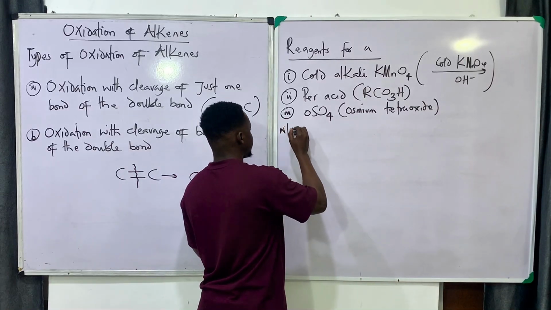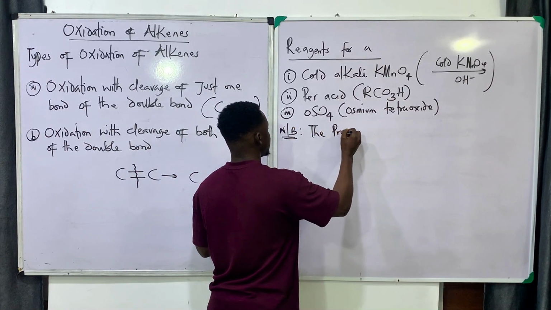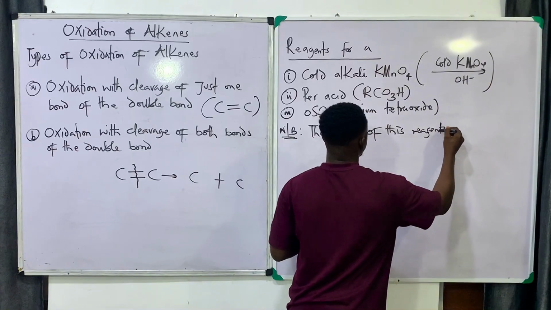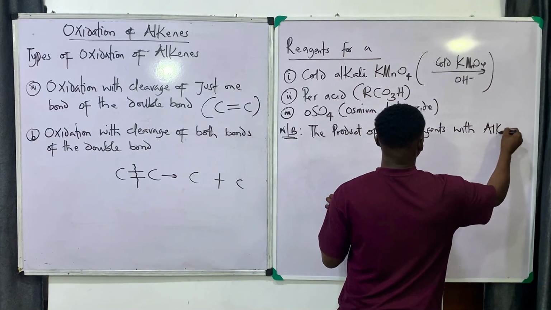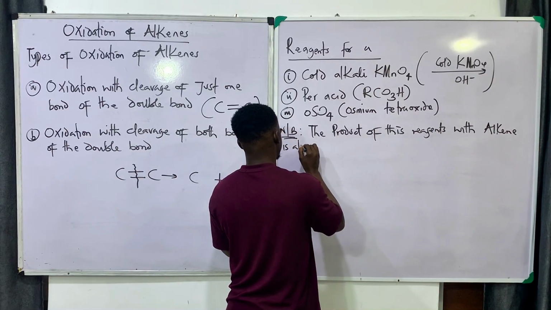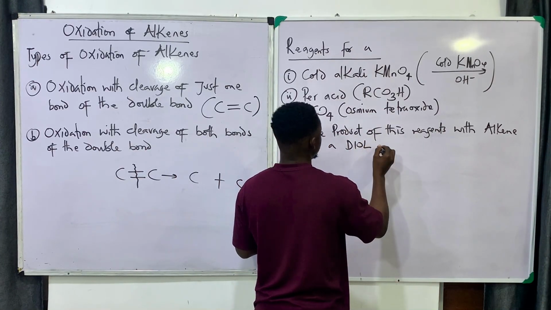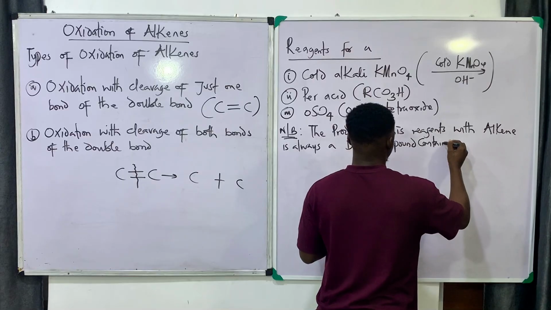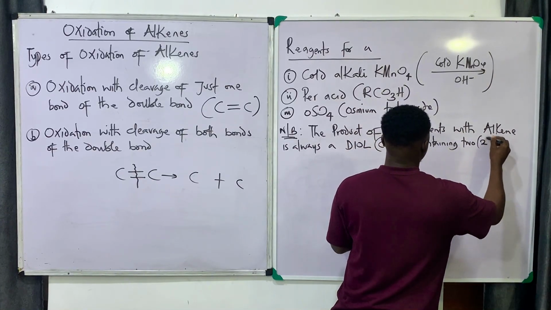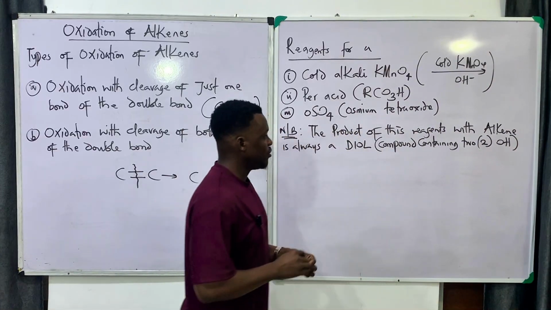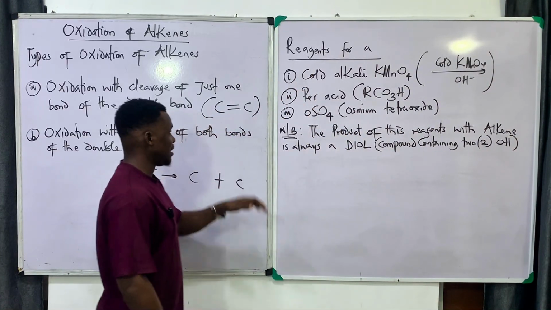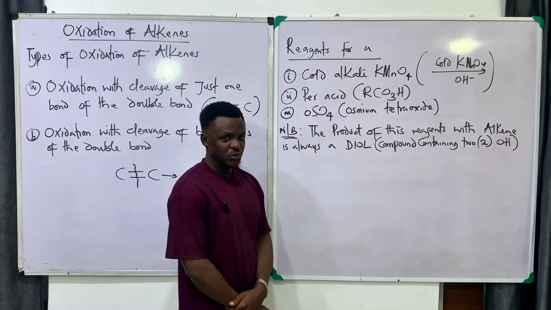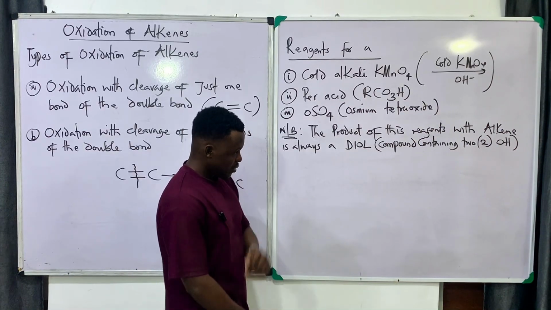Note, the product of these reagents with alkenes is always a diol. A diol is simply a compound that has 2 OH groups.